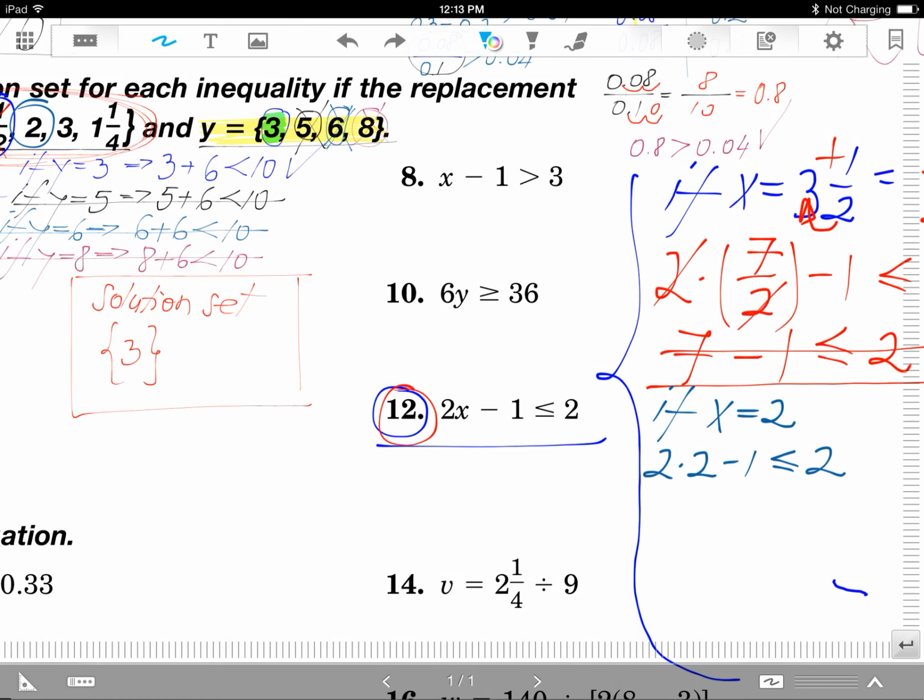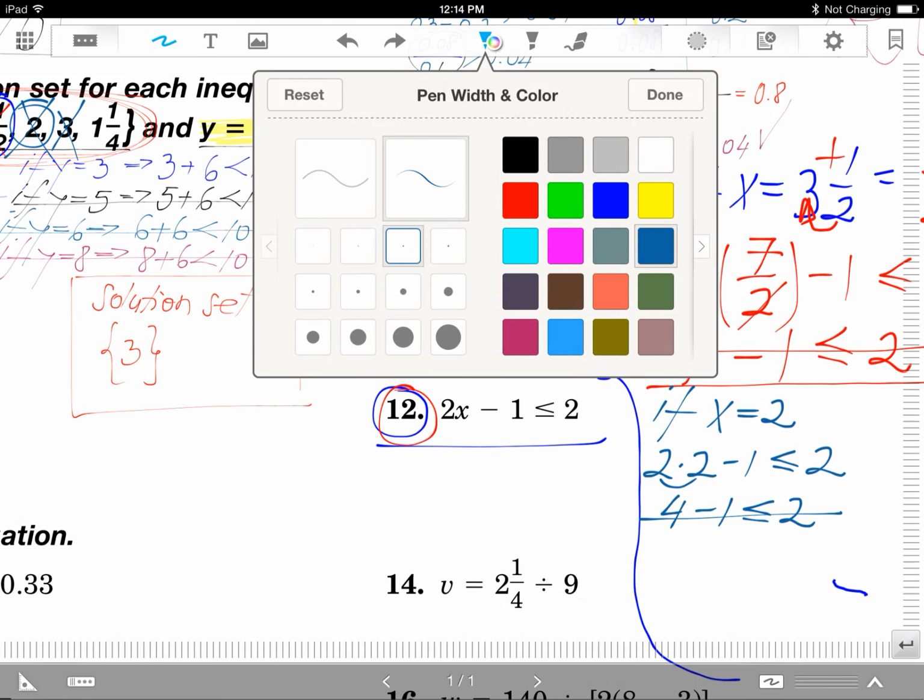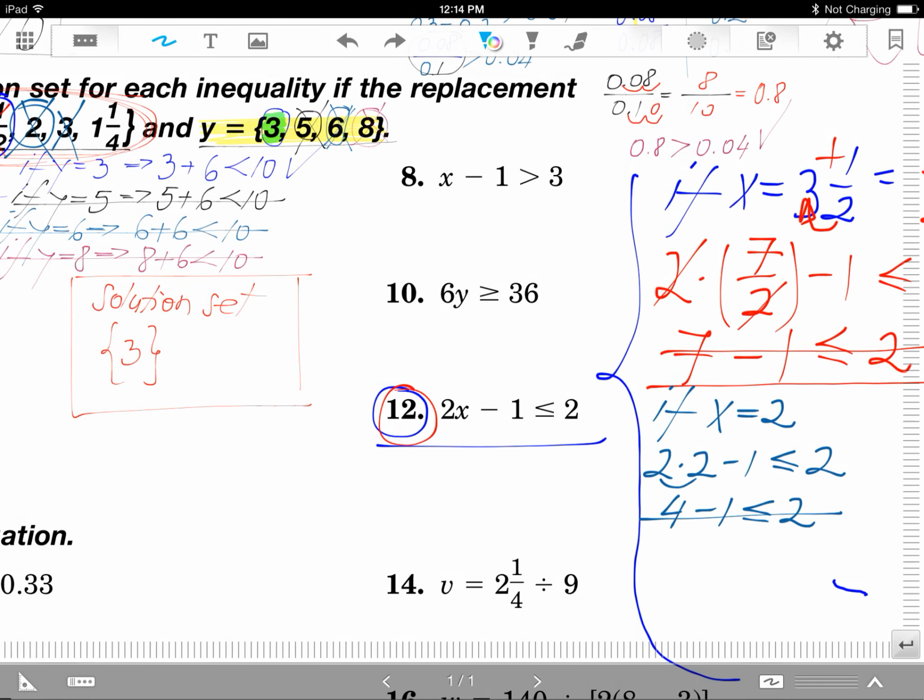Well, first of all, order of operations says multiply first. It will be 4 minus 1 less than or equal to 2. Well, 4 minus 1 is 3. That's not less than 2. This is not good. That's not a solution set. What can you guys tell me about 3 without doing anything? That's not going to be a solution set, right? Because if 3.5 and 2 are not, well, 3 is right between them, and it's not going to happen either. Moving on, the last one that I would check with you is 1 1/4.